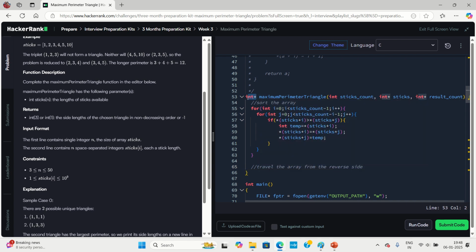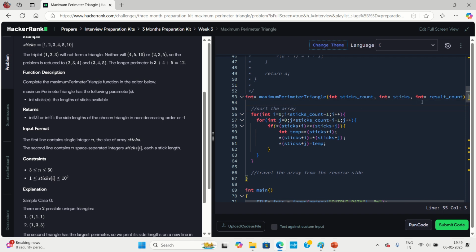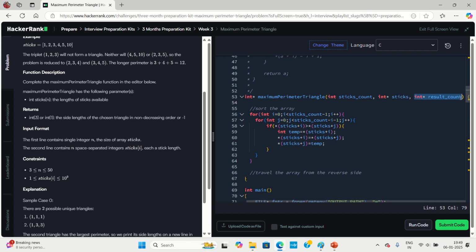We need to actually return the triplet which we are getting. So let us also create an array, because here they have given a result count. What is going to be the size of our resulting array? It will be 3 only.